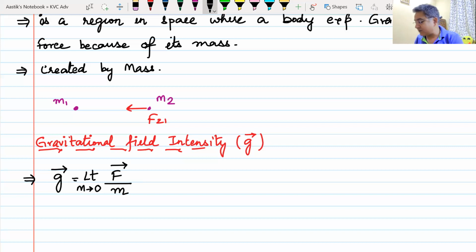Why do I want to make this mass very small? Because if this mass is large, it will create its own gravitational field, and we will not be able to measure the gravitational field. So gravitational field is the gravitational force per unit mass.